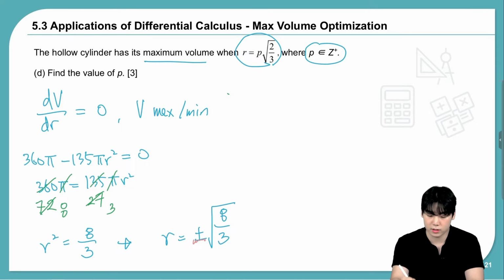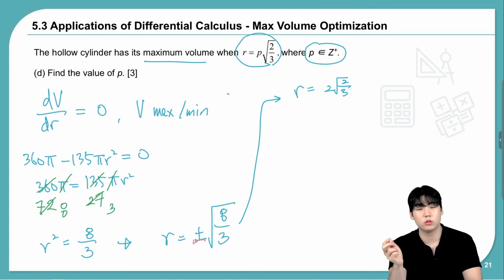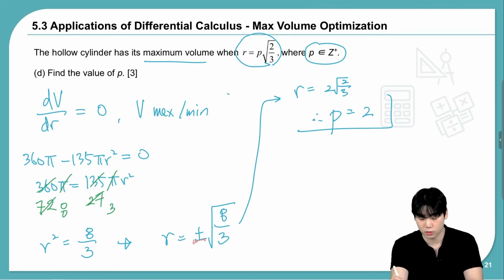So r is equal to root 8 over 3, and that means r is 2 root 2 over 3, because I can take out the factor of 8, which is 2 root 2. Hence, p is equal to 2.